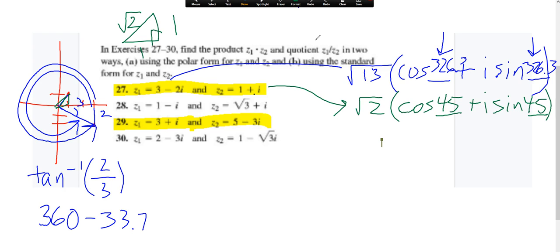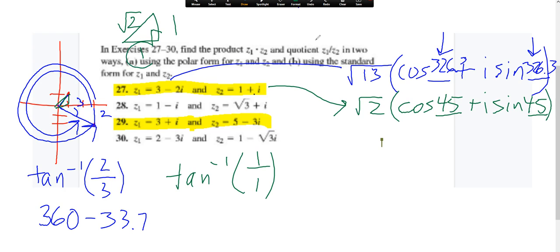But if you didn't know that, you could always do inverse tan of 1 over 1. Okay? Of course, if you're dividing 1 over 1, people are already snickering. You know what I'm saying? Because it's a 45. It is an isosceles right triangle.